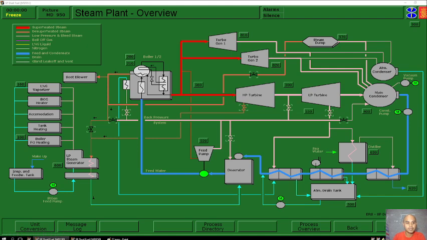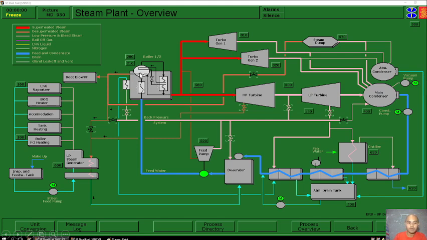Next we have purple for boil-off gas, but we don't have any purple line in our diagram. Yellow is LNG liquid. This ship is an LNG tanker, so the boiler here uses boil-off gas from LNG.